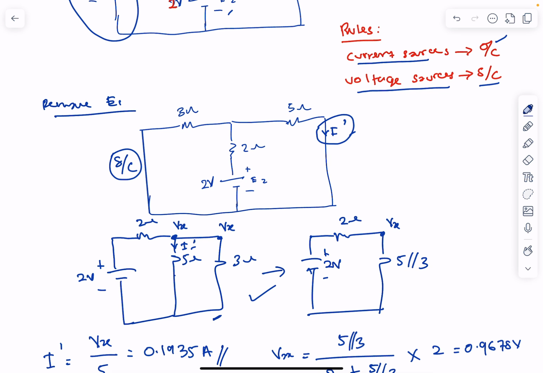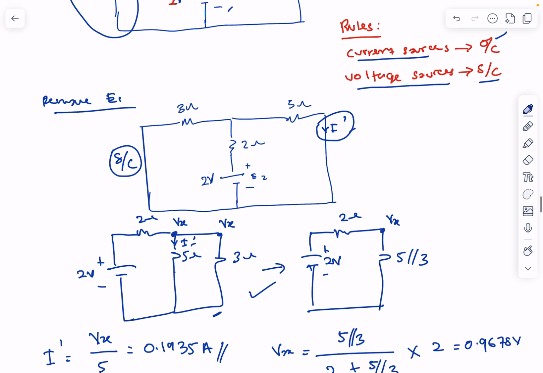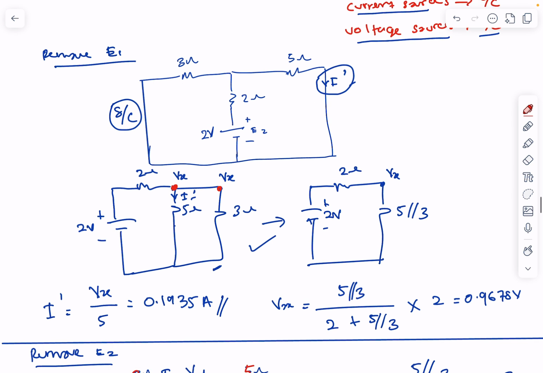So what I can do is use the voltage divider rule, because the voltage here and the voltage here should be the same, since they are directly in parallel. Okay. So I want to use this voltage.